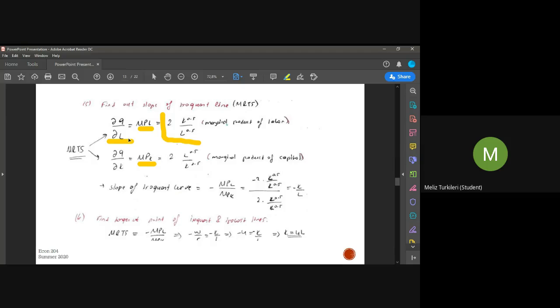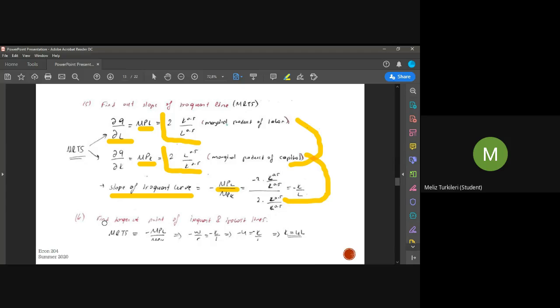And if we use the same idea to find the marginal product of capital, which is equal to the partial derivative of the output function with respect to K, then you will find that it is equal to this amount, and this shows the marginal product of capital. If you find the slope of the isoquant curve, which is equal to the negative of the marginal product of labor divided by the marginal product of capital, you can just plug these amounts into the equation and find that this slope is equal to minus K divided by L.